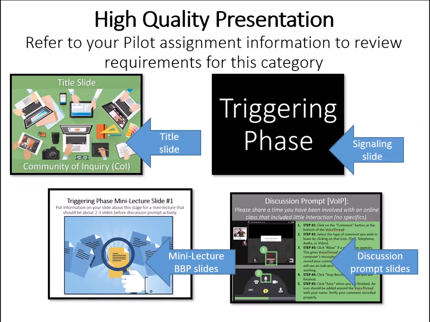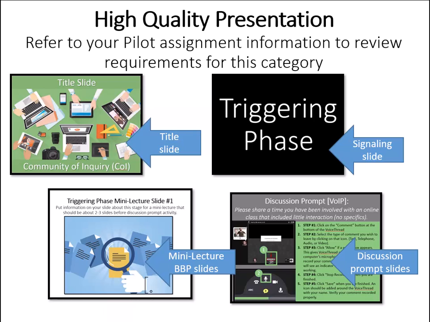The assignment requires that the VoiceThread lesson have high quality presentation. I won't go over all the requirements for this category, but here's a few things I wanted to point out. First, the VoiceThread lesson should have a high quality design. There should be a title slide with a single large image and title that summarizes the big idea of the lesson.